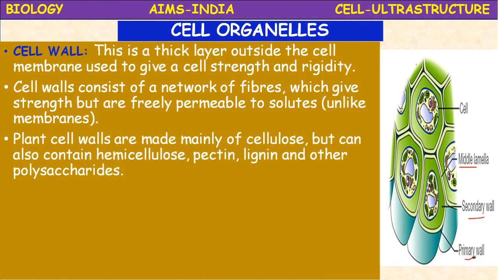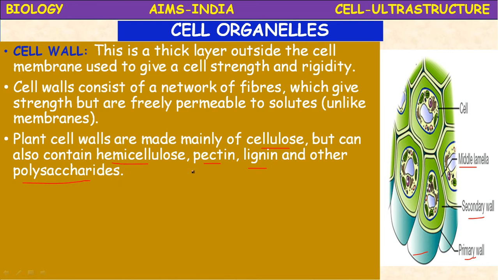Internal structure: the plant cell walls are made up mainly of cellulose, but can also contain hemicellulose, pectin, lignin, and other polysaccharides.